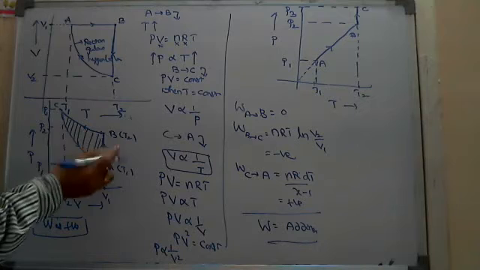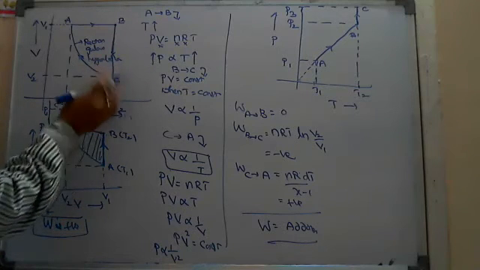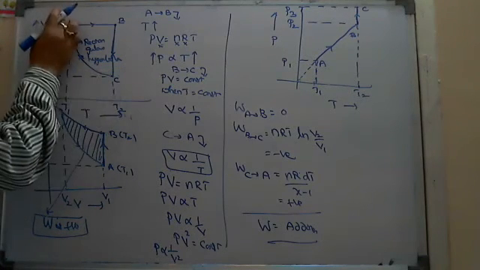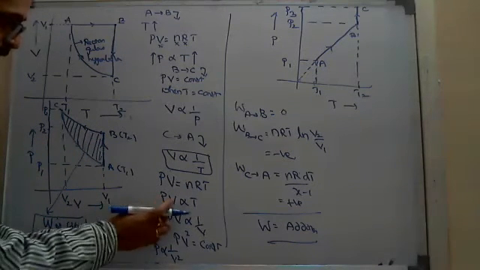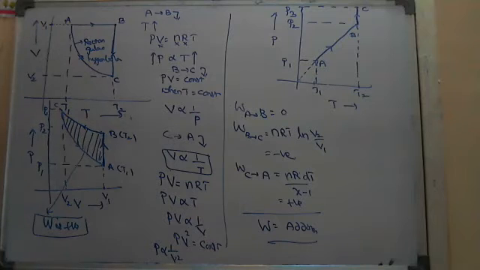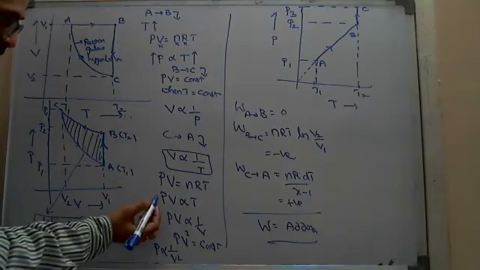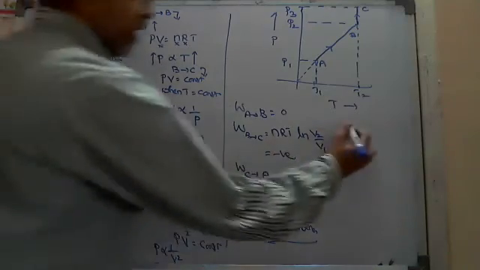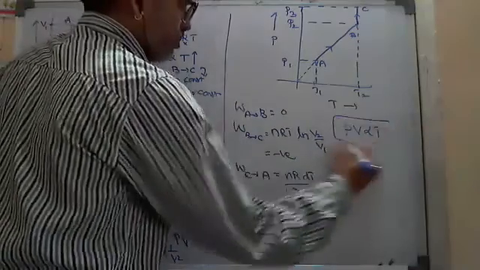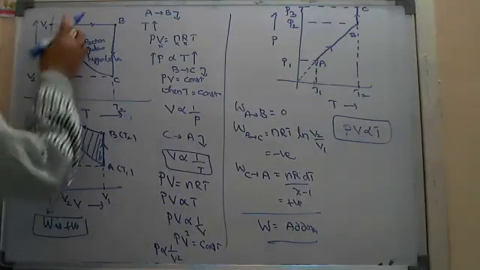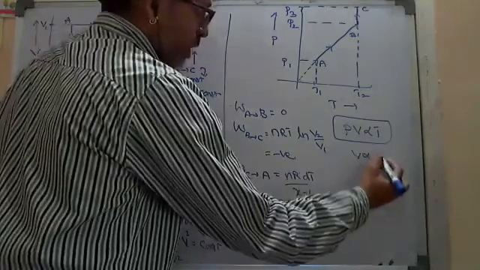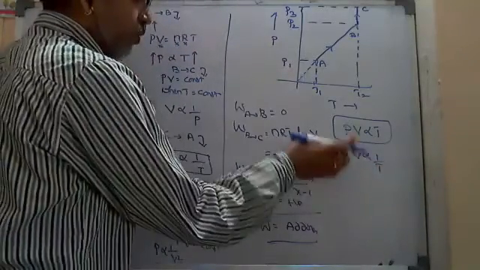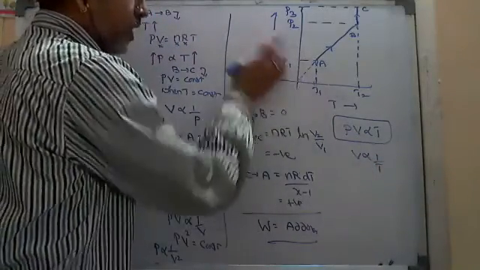And then B to C part over, temperature constant. Then here C to A, I got a relation: PV is directly proportional to T. Here, given that V is inversely proportional to temperature, I write PV is directly proportional to T from the ideal gas equation, and from the given graph V is inversely proportional to T. I have to eliminate volume here because I require the relation between pressure and temperature.